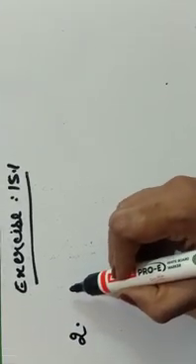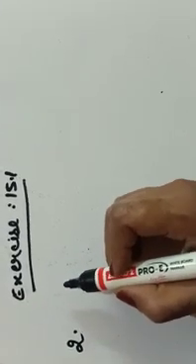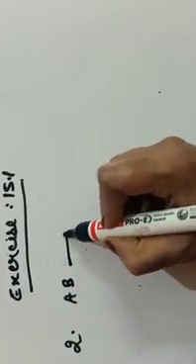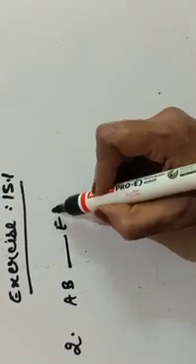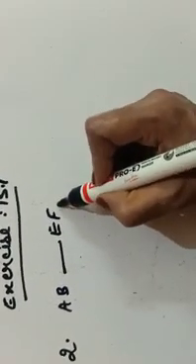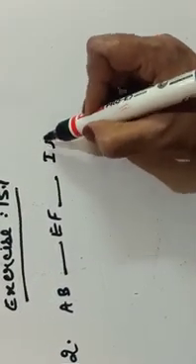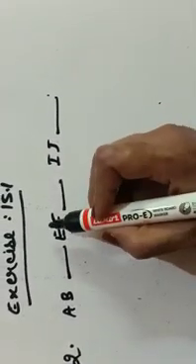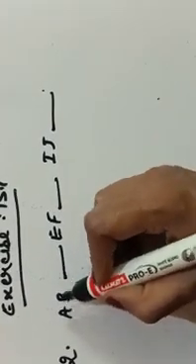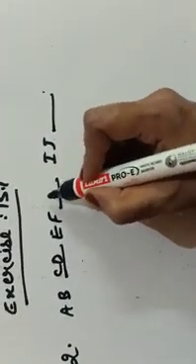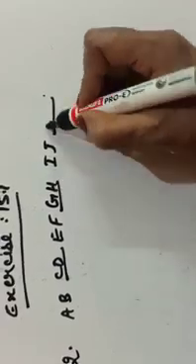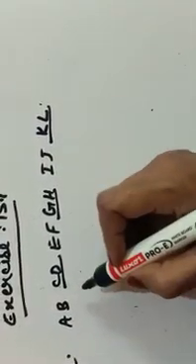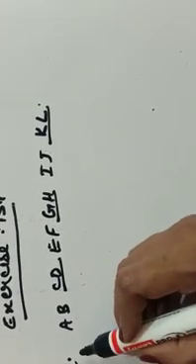In question number 2, a pattern is given: A, B, then a blank, then E, F, then a blank, I, J, then a blank. So, you fill in the blanks with the pattern. After A, B comes C, D, E, F, G, H, I, J, K, L. Like this you can do question number 2 easily.